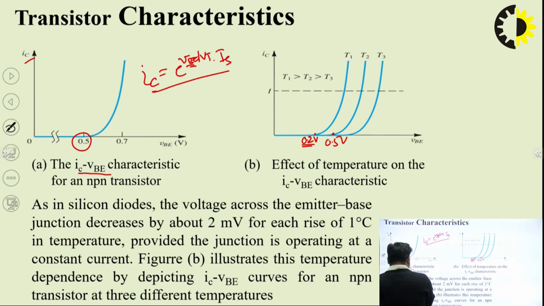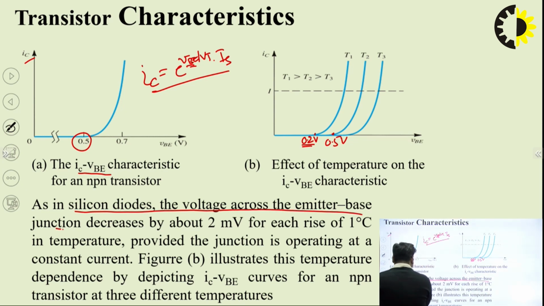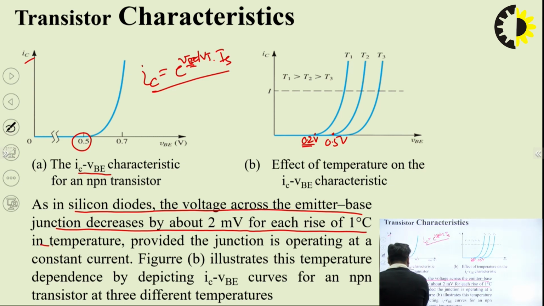As in a silicon diode, the voltage across the emitter base junction decreases by about 2 millivolt for each rise of 1 degree centigrade in temperature. So we get an exponential increment in IC at a lower value of VB if we increase the temperature.